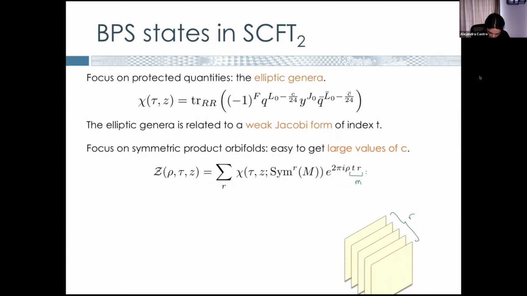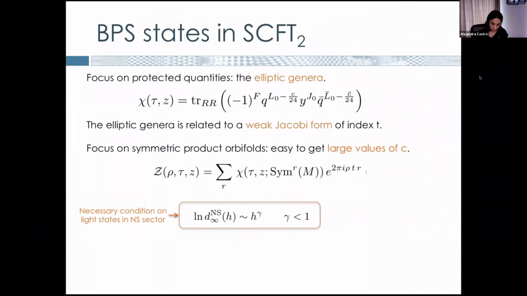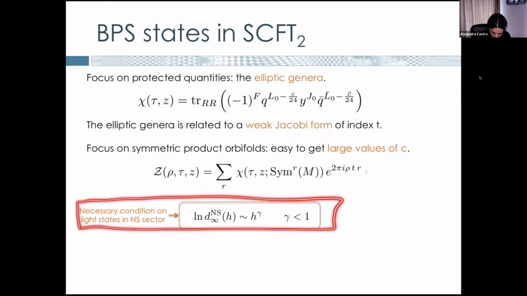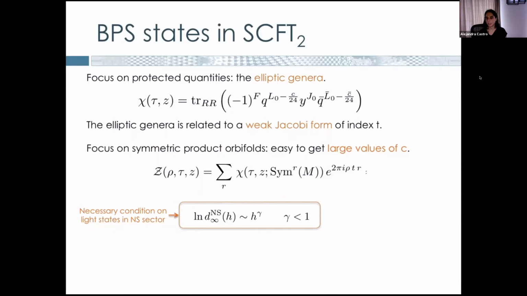This is protected. We first build it up in the Ramond sector, then we go to the NS sector, and what we'll impose in the NS sector is that the number of light states has this property, what we were calling the slow growth. This will be our necessary condition, and as a protected quantity, it should satisfy it.